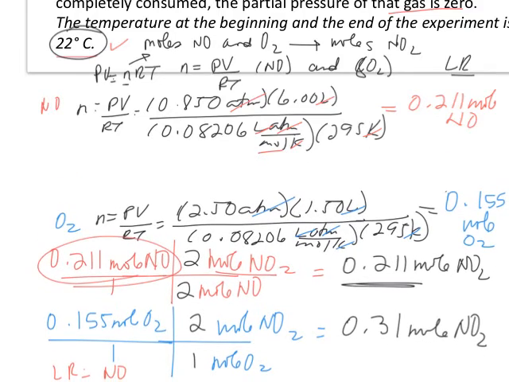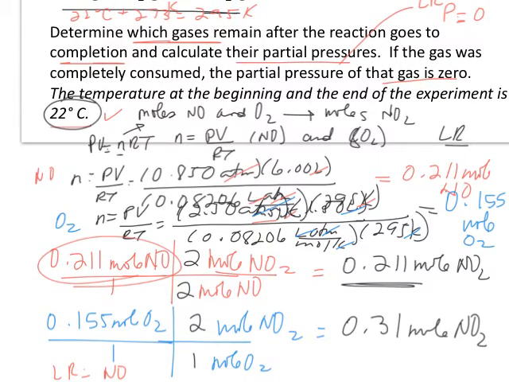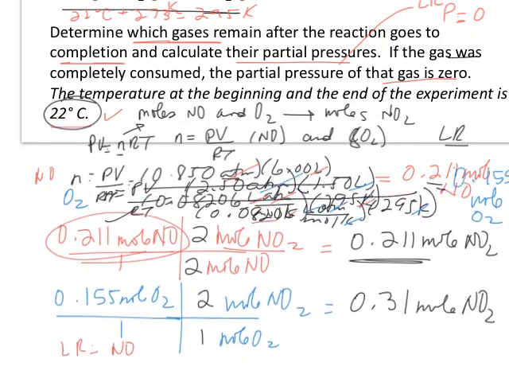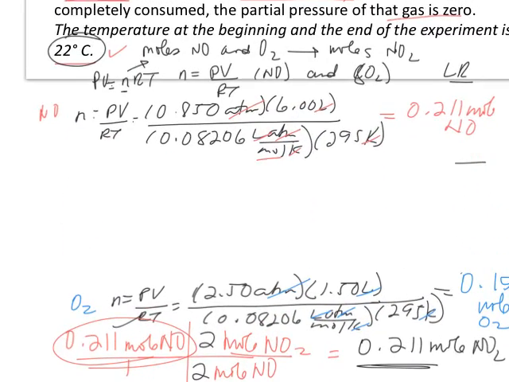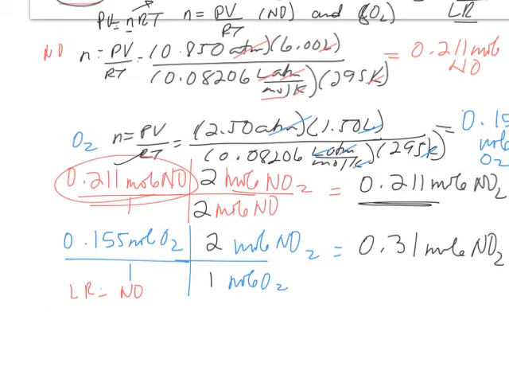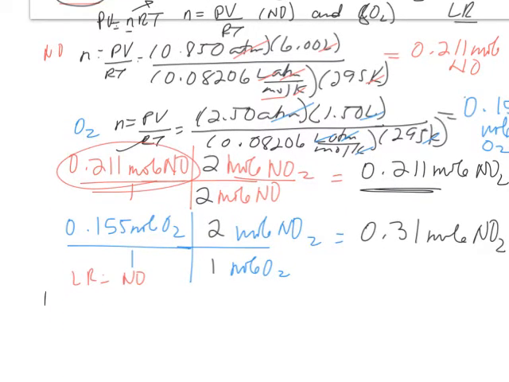Now, the question asks, determine which gases remain after the reaction goes to completion and calculate their partial pressures. If the gas was completely consumed, which the limiting reagent, nitric oxide, would be, then that partial pressure is going to be 0. Now, from your reading, there is an equation that you have to memorize: Dalton's law of partial pressure.